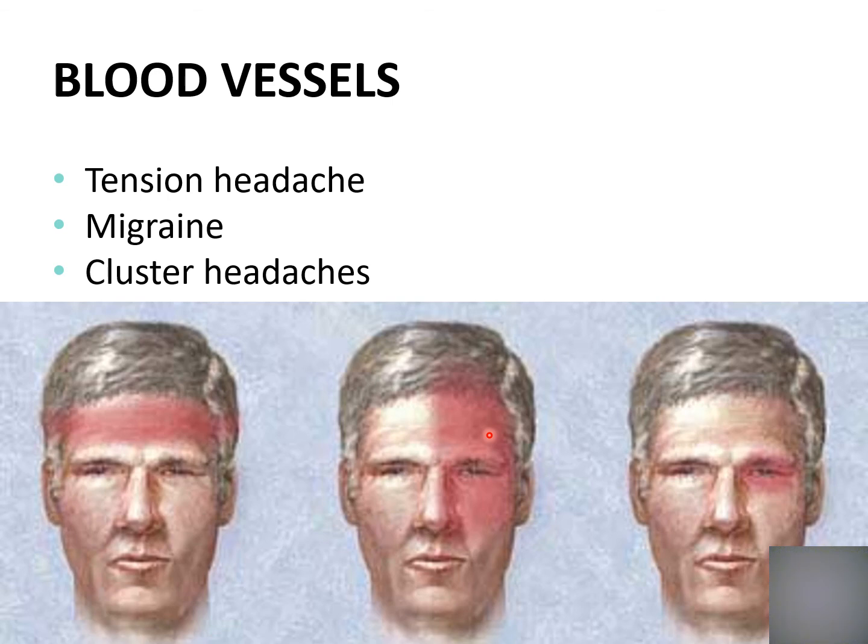There may be prodromal symptoms such as visual hallucinations, vertigo, nausea, aphasia, and pain from migraine may radiate onto the face. And a third very unique category of facial pain with a vascular basis are cluster headaches, which are unilateral periorbital pains, and we'll discuss that in a bit more detail in the next slide.